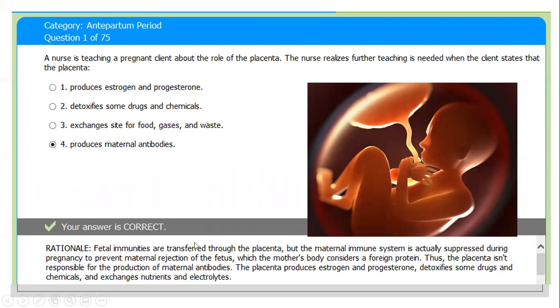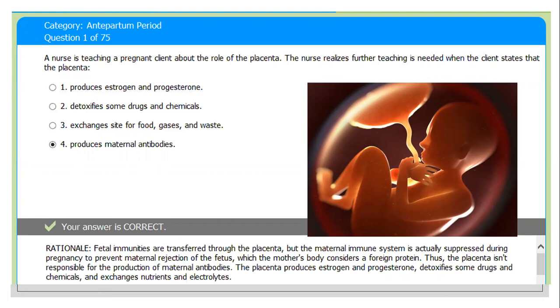Thus, the placenta is not responsible for producing maternal antibodies, while it does produce estrogen and progesterone, detoxify some drugs and chemicals, and exchange nutrition and electrolytes. In this picture, you can see the placenta, with the umbilical cord connected to the fetus.